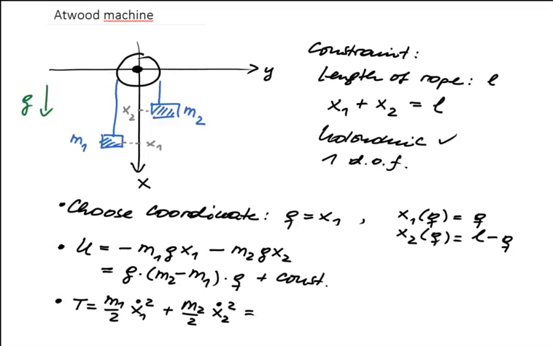And here, when you insert the transformation law, both x1 dot squared and x2 dot squared simply become q dot squared. Because L, of course, is constant, the time derivative vanishes. So we end up with 1 half m1 plus m2 q dot squared.